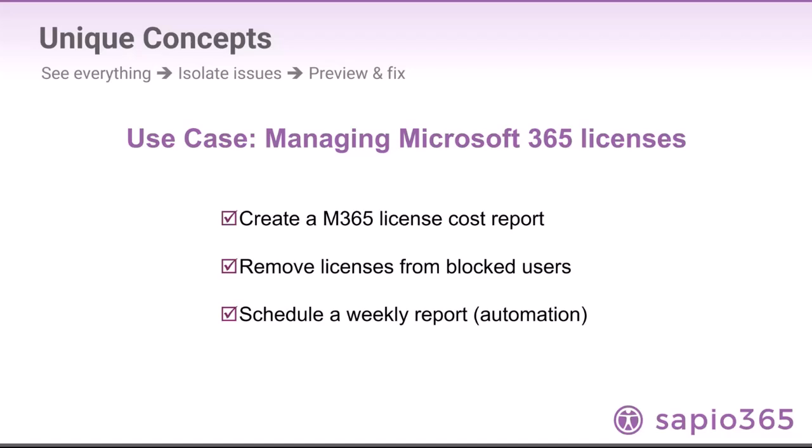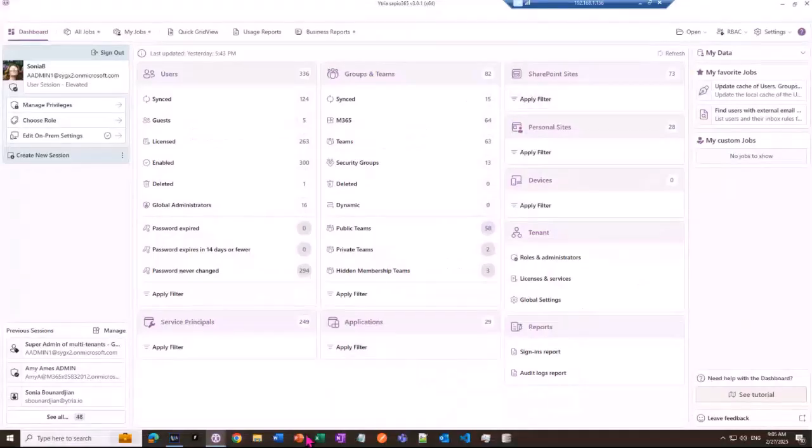Sure, let me share my screen. All right, so you should be able to see Sapio 365. Okay, so what you see in front of you, everyone, is Sapio 365.